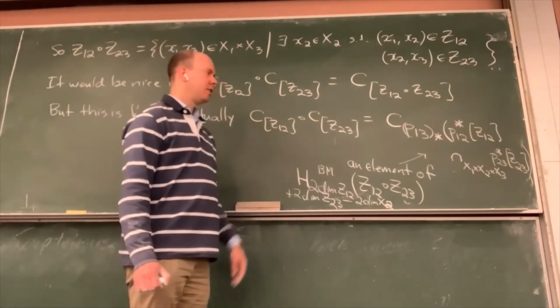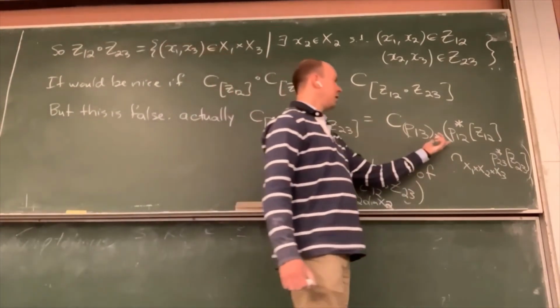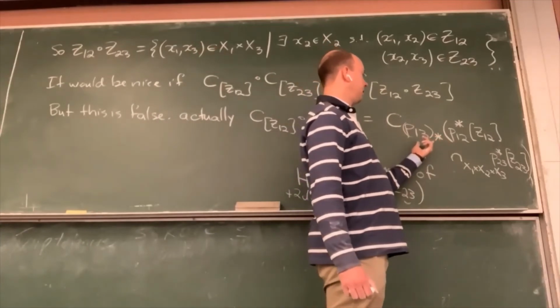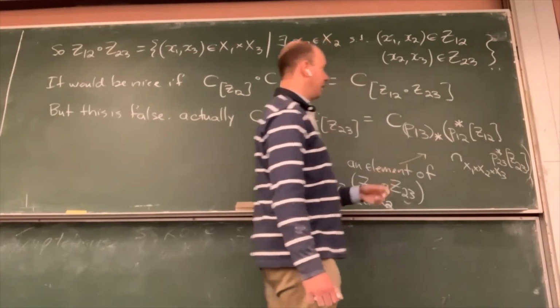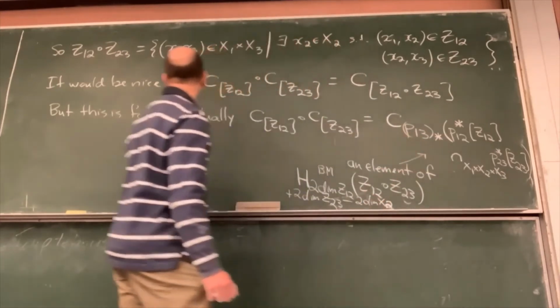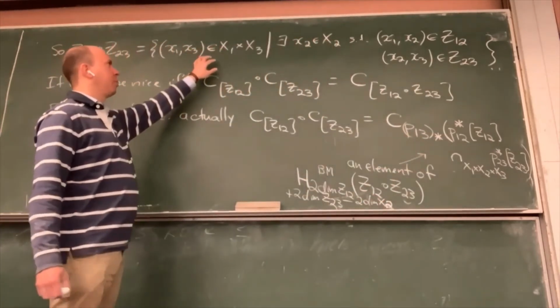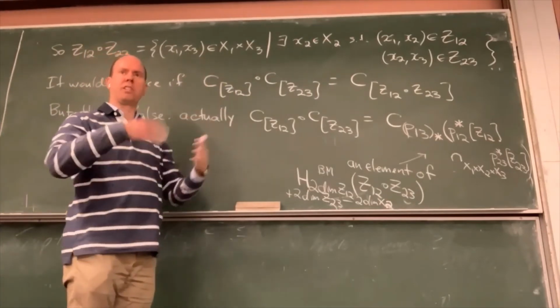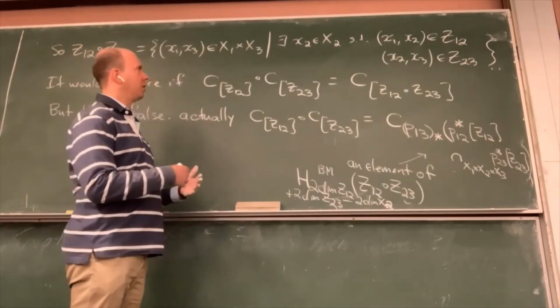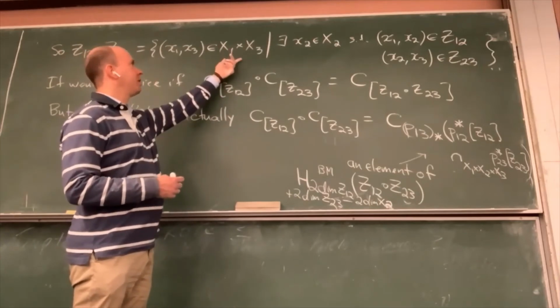So you can sort of see here what's happening: the projection P13 from the actual fiber product to this space in the product of just two of the things is not an isomorphism in general. So there'll be fibers.